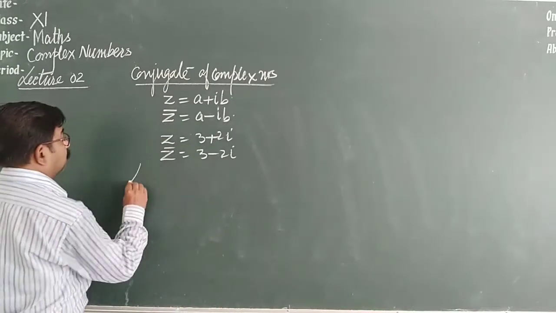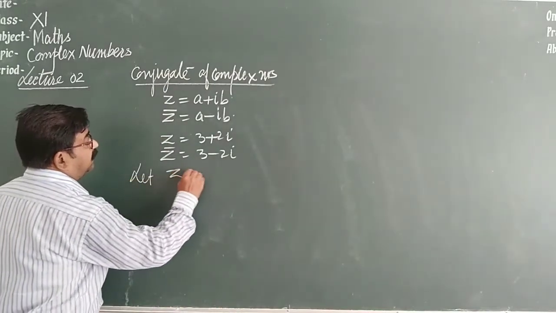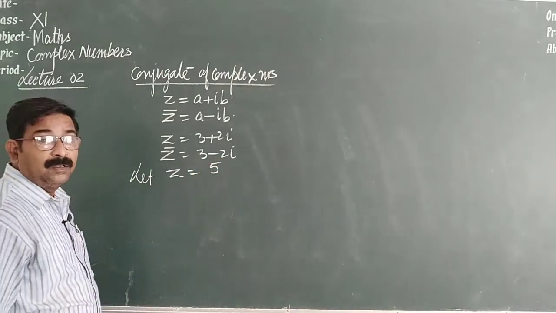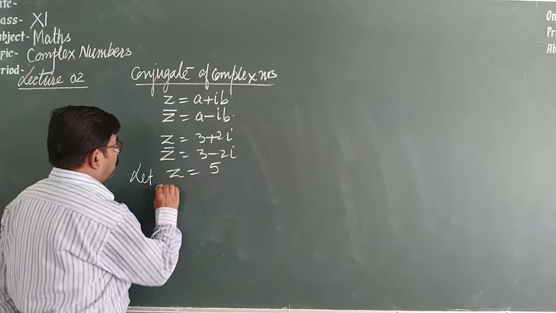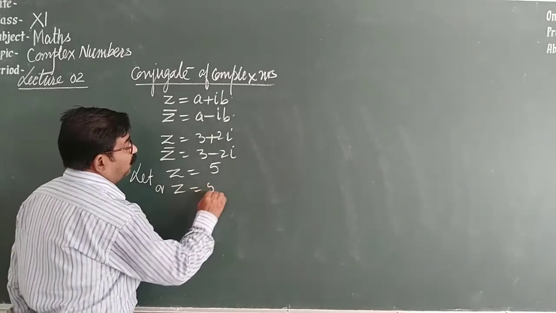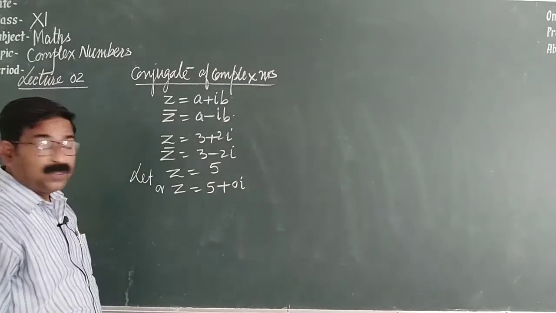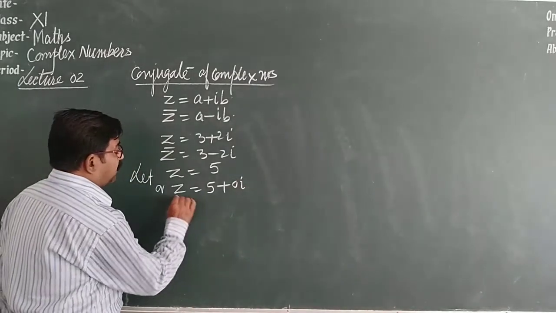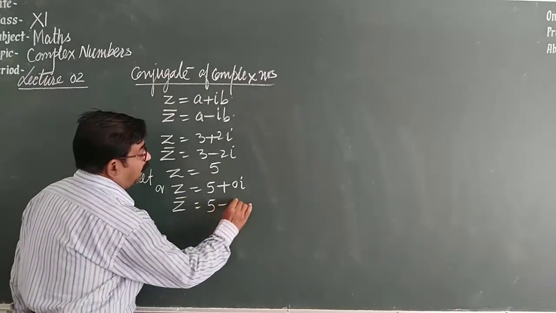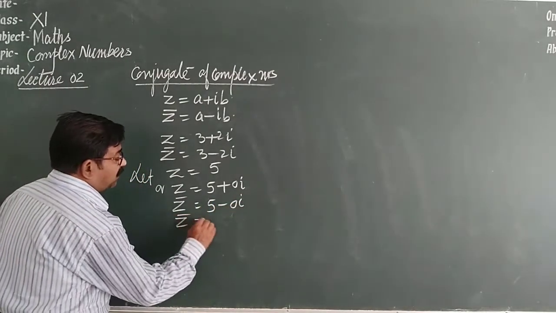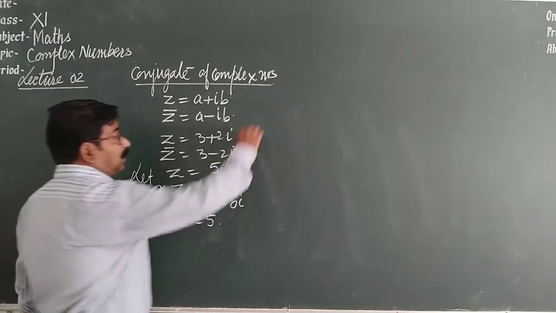Like, let z is equal to 5, this is real. So we can write z is equal to 5 plus 0i, or z bar is equal to 5 minus 0i, and this is 0. So z bar is equal to 5 itself.